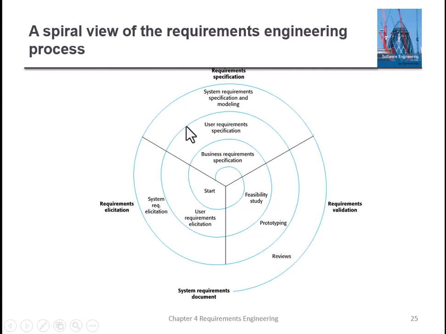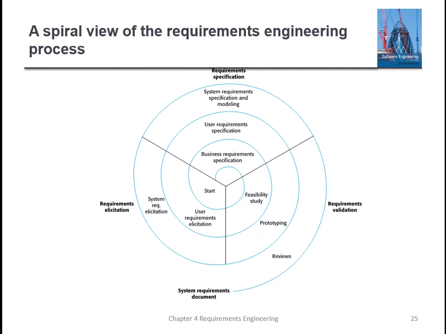So above the user requirements, we have this line for system requirements elicitation and system requirements specification. So on a different level, if we start collecting system requirements, then system requirements are specified and we write these requirements. So documentation is involved in each level.